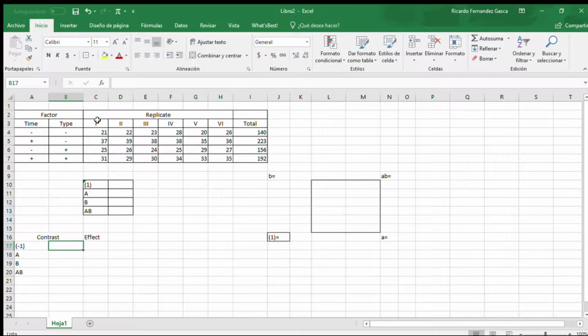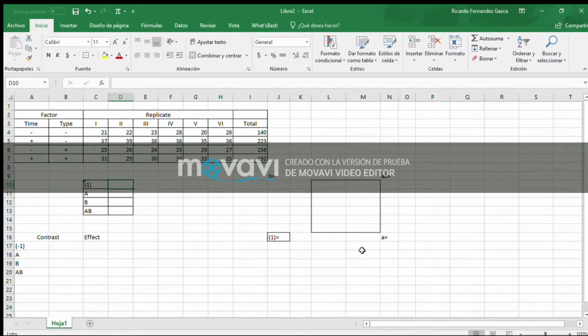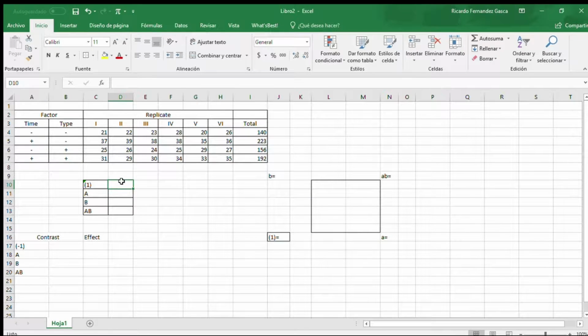So here we are in the Excel sheet, and we are going to do this example. We are trying to fill this square with the effects. We can see here is the negative side, and here is the positive side. Here is the positive of A, here is the positive B, here is the negative B, so this is the standard. So here the minus is equal to this one, the 1.